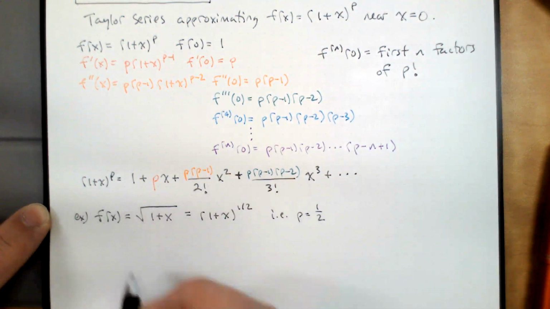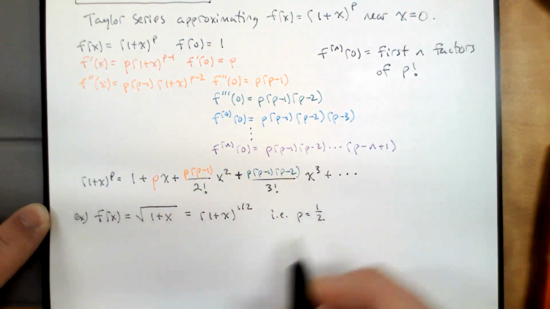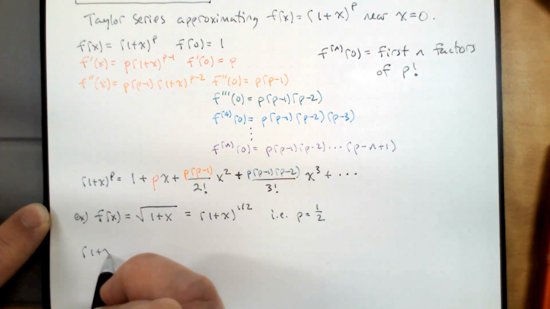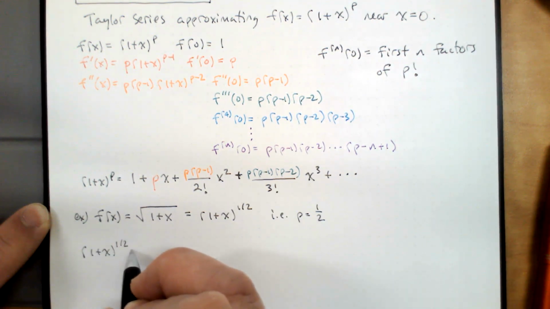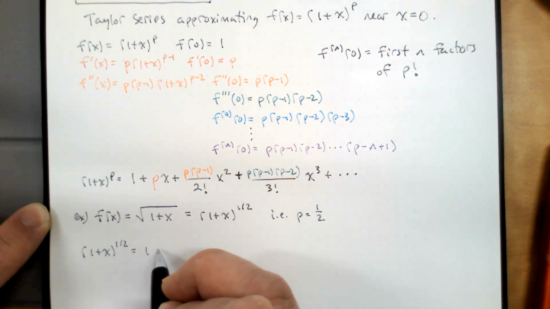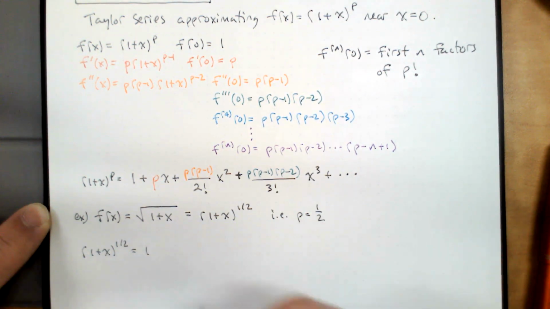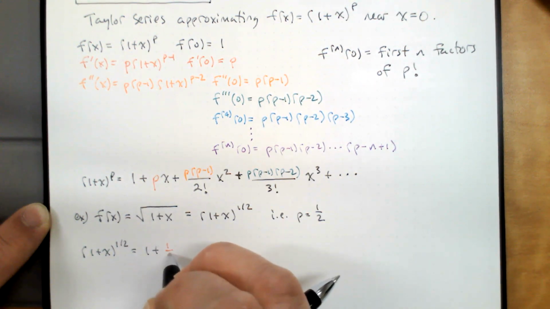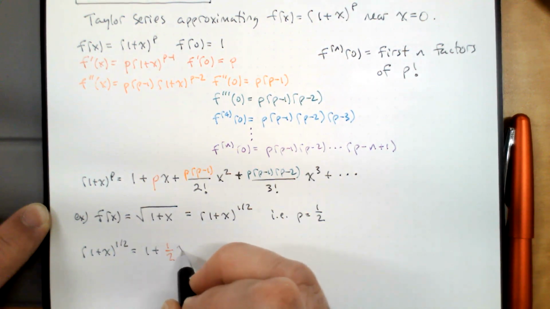So I'm just going to start following Taylor's formula. And p is 1/2, so plus 1/2 on x.